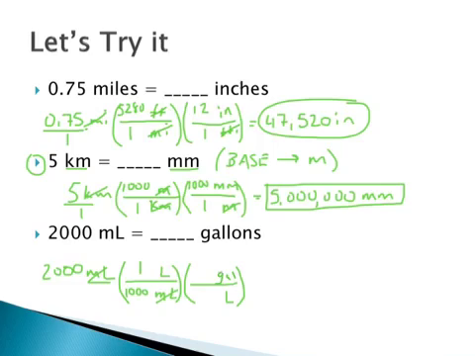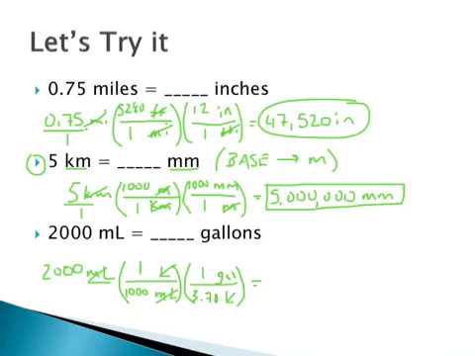The conversion is 1 gallon is 3.78 liters. That's going to allow liters to cancel out, and that's going to leave me simply with gallons. So the key point here was to look at your conversions from US to metric, and that was going to be the key to help you solve this problem.